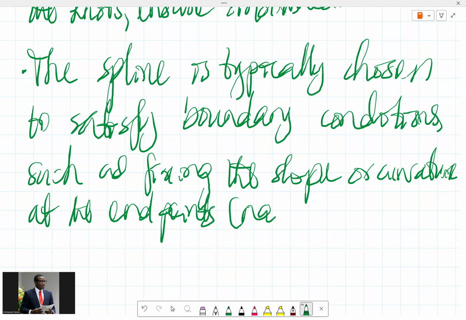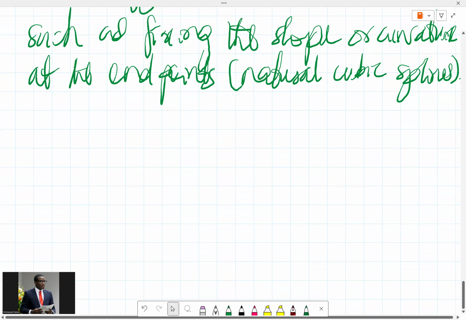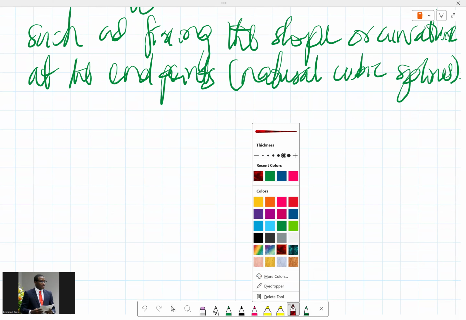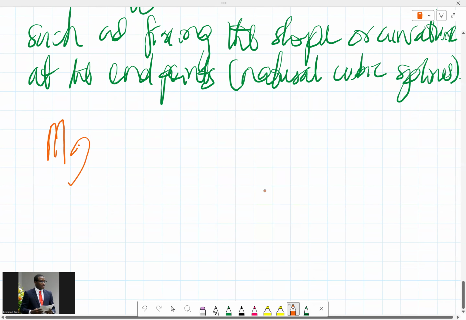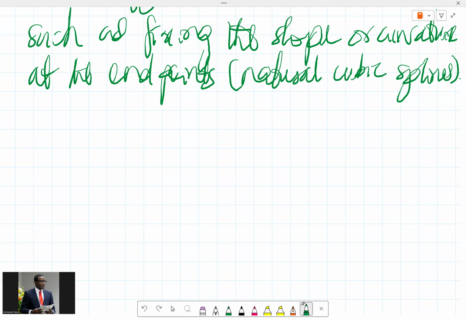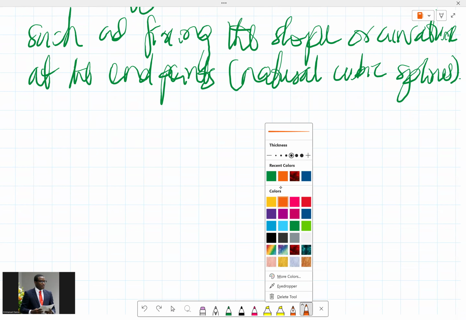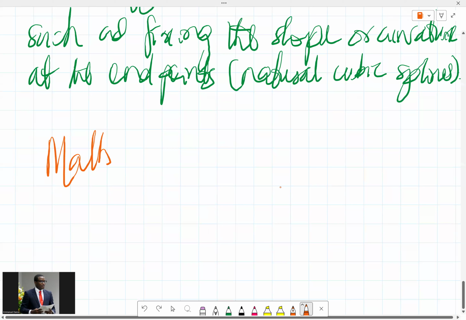That's talking about natural cubic splines. Okay, having said all this, can we consider the mathematical formulation of these splines? Mathematical formulation.